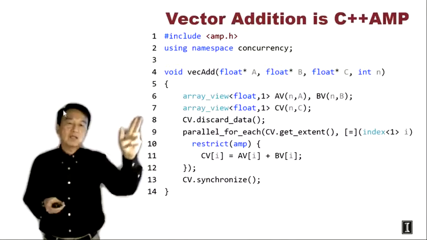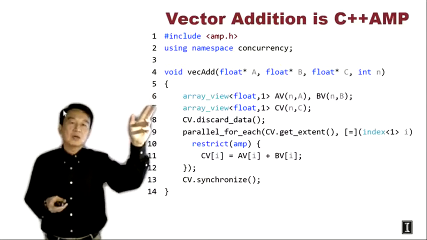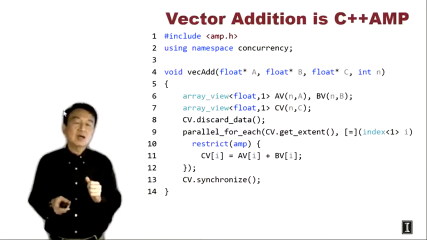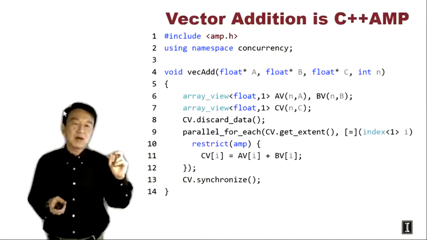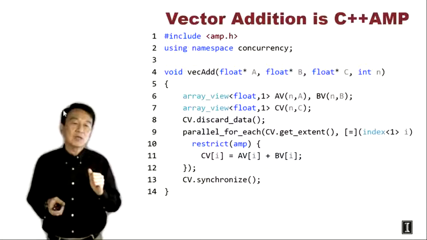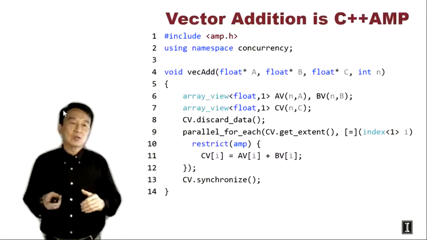Within the vector function, we have incoming parameters a, b, c, and n. We're going to introduce array view for a, b, and c, and we're going to come back to details on this later. We're going to indicate that the existing values in the c elements are immaterial, that we can throw them away. Then we have a template function, parallel for each, that specifies a function that needs to be applied to every element in a data structure.